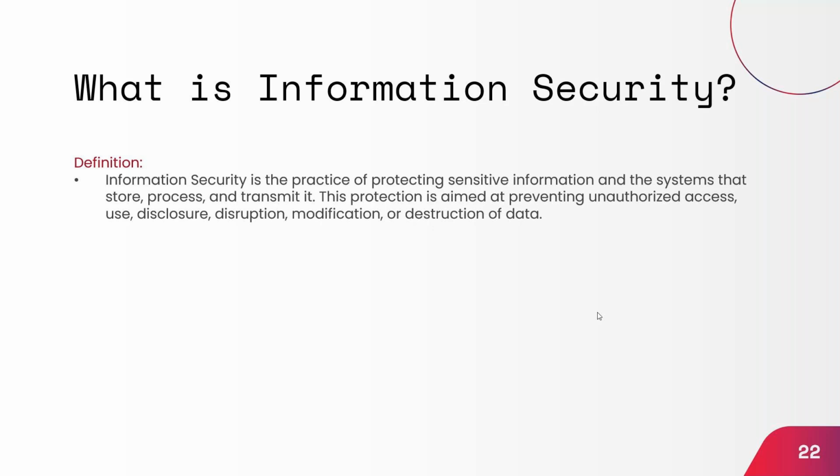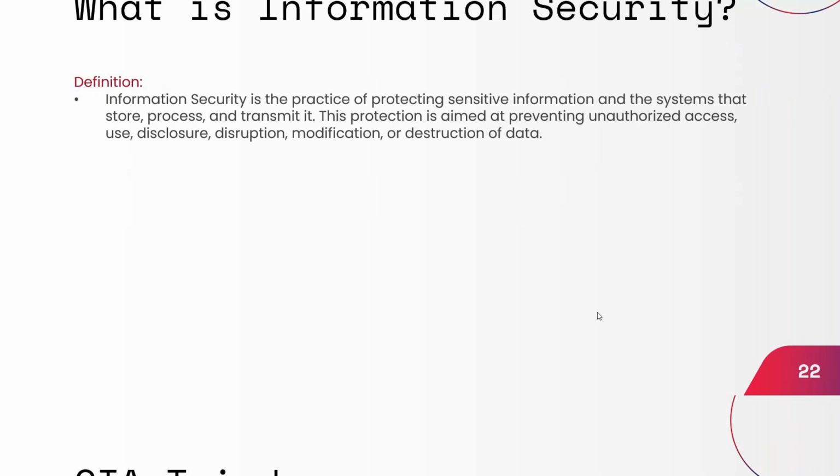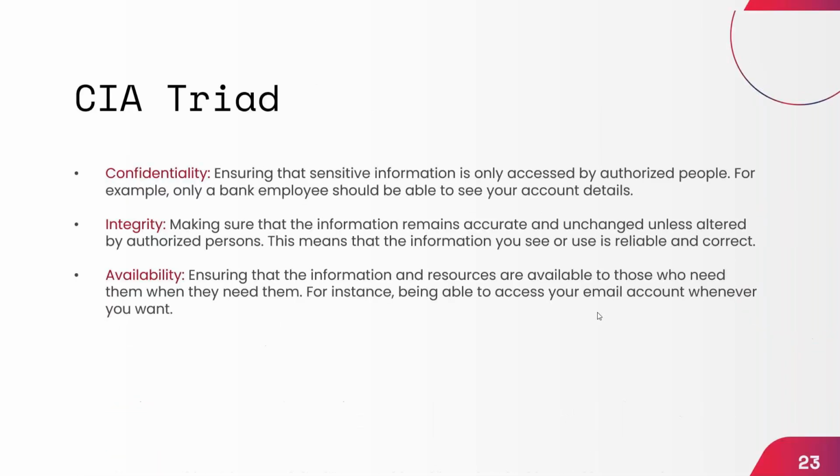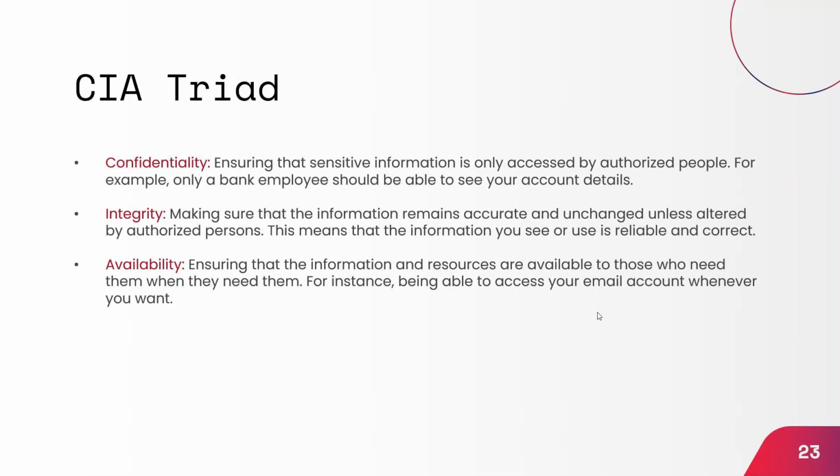For that we have three key important elements in security. We call that the CIA Triad, which is confidentiality, integrity and availability.